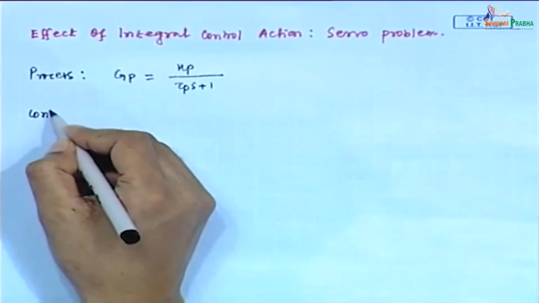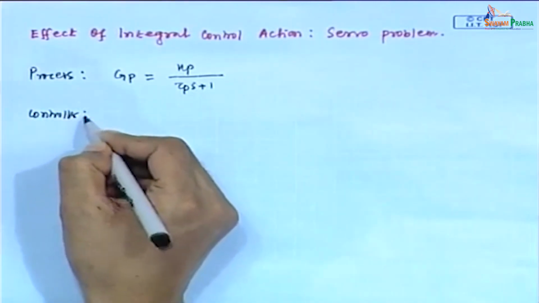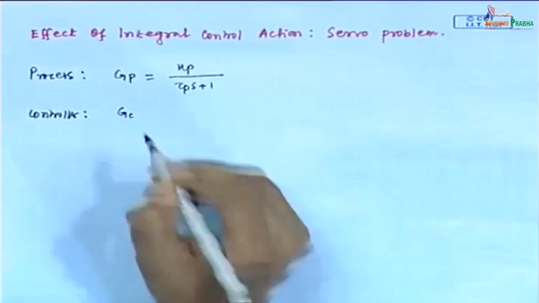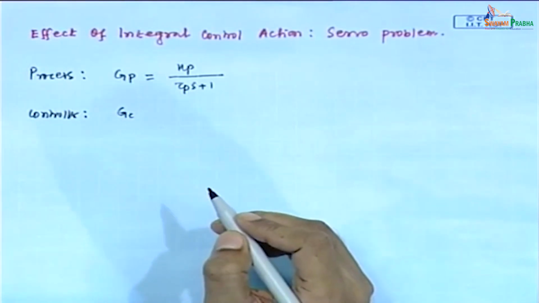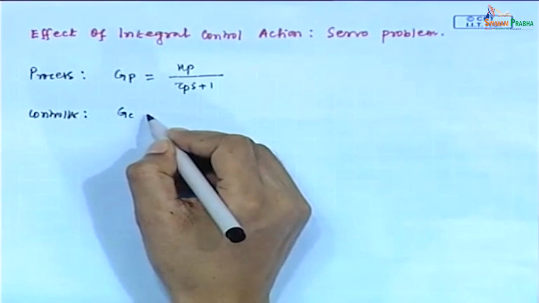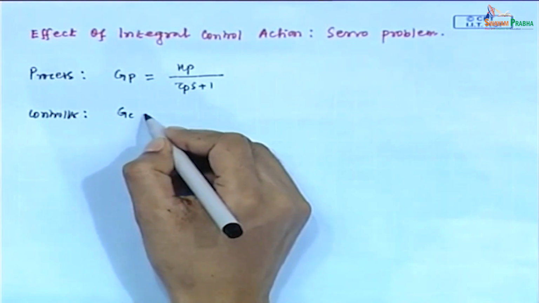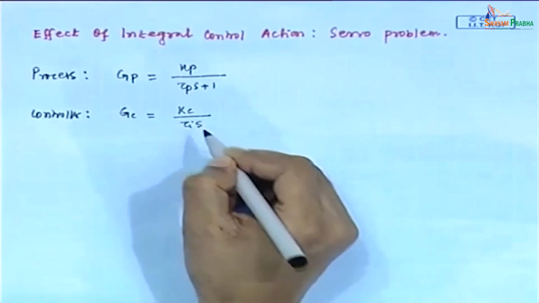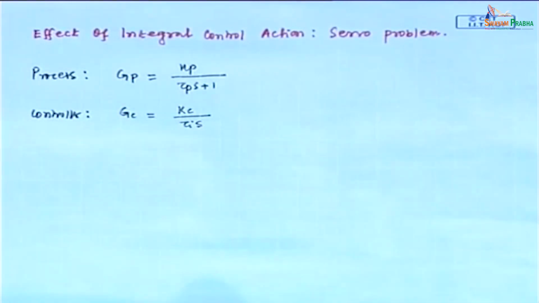Next element is the controller, the integral controller. The transfer function of integral controller is written as Gc equals Kc divided by tau I s.